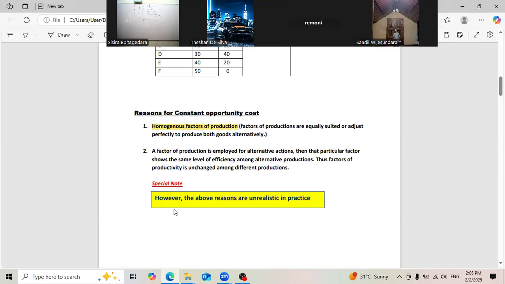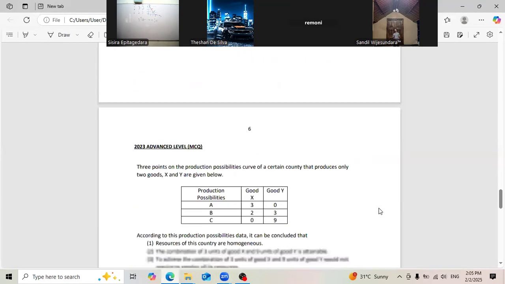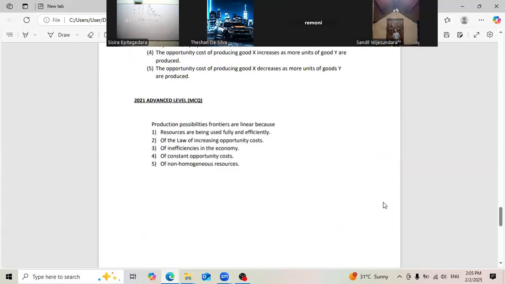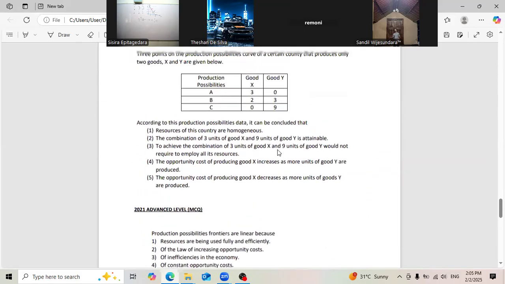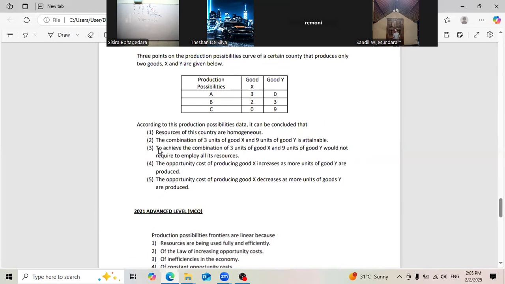Then what is the answer? First one is the rule, and the resources of this economy are homogeneous. Do you agree or not? Agree. Then the answer should be the first one.